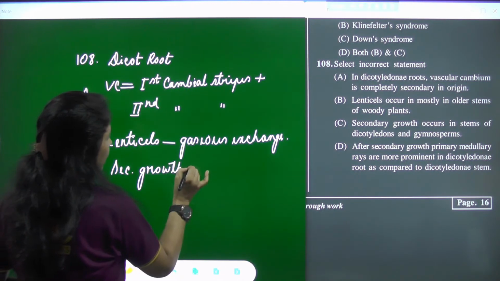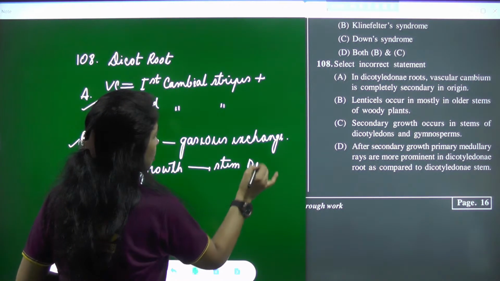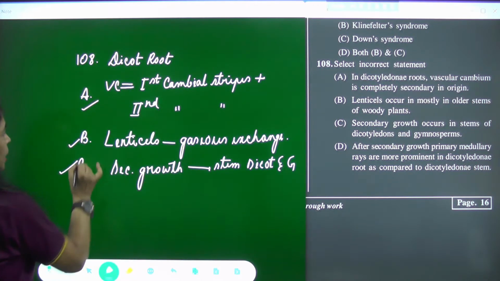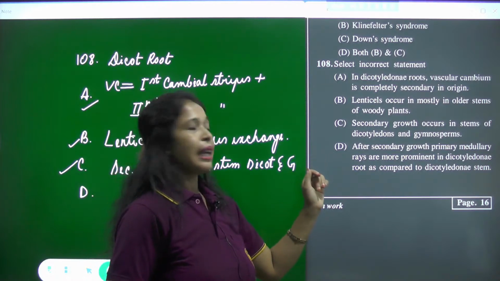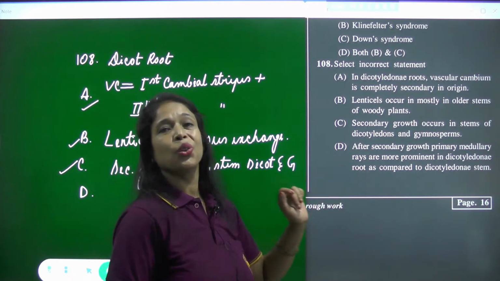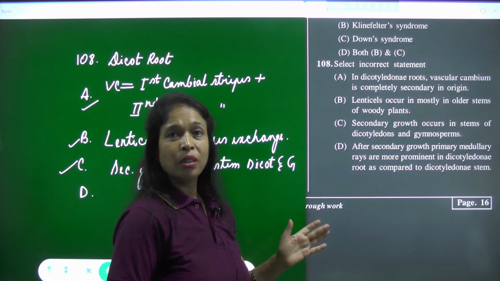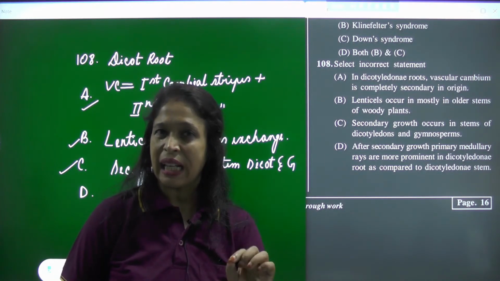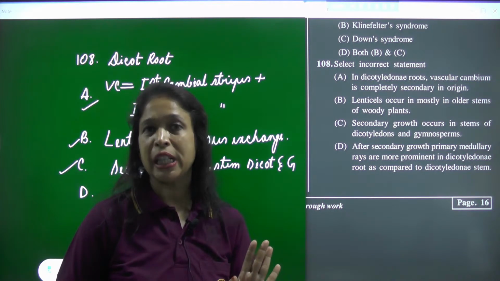Secondary growth is common in stems of dicots and gymnosperms. So, this is right. Last option: after secondary growth, primary medullary rays are more prominent in dicot root as compared to dicot stem. But students, it's wrong. As we know, in dicot root, pith is very negligible, either absent or very poorly developed.